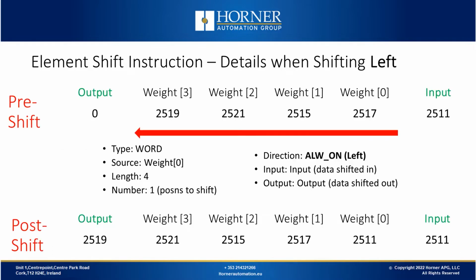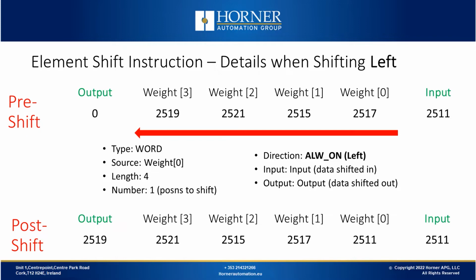Let's look at what an element shift instruction could look like when I've configured it. So at the top center, we have a simple shift register that's based on word type data. The source is a variable-based array called weight with a dimension of 4. Here I have weight 0, 1, 2, and 3 from right to left. So the length is 4, and I want to shift 1 position. I have always on in the direction field, which means I'm shifting left.